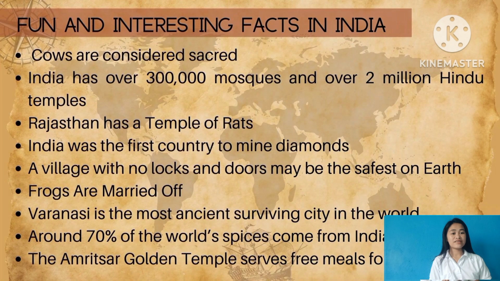Next interesting fact about India was that around 70% of the world's spices came from India. India contributes about 70% of global spice production. Spices come from the following plant parts: roots, rhizomes, stems, leaves, bark, flowers, fruits, and seeds.